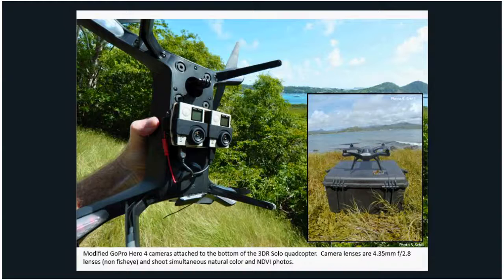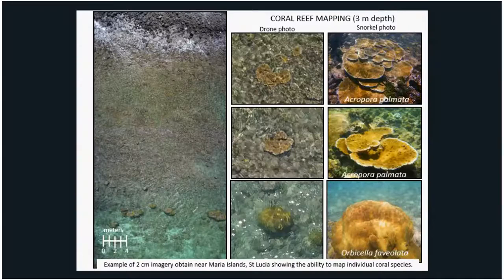These have been very useful, but they're limited in that they provide a JPEG product, which is compressed, at 12 megapixels. So it's a nice cheap way to do this. I'm going to show you some of these products that we've produced. This is just using the GoPro camera, but then we moved over to a new camera.